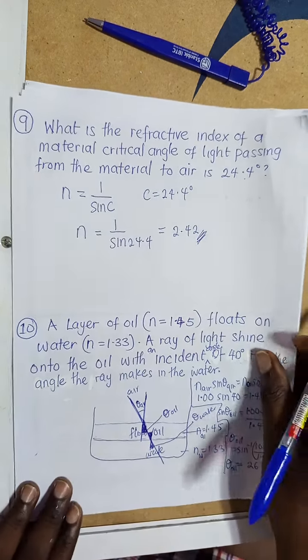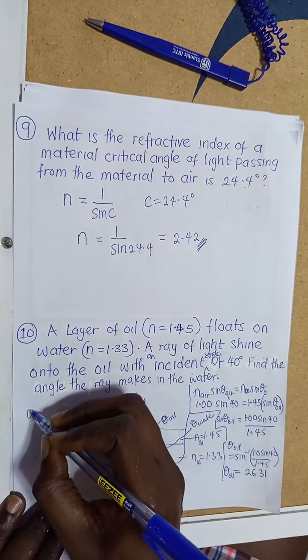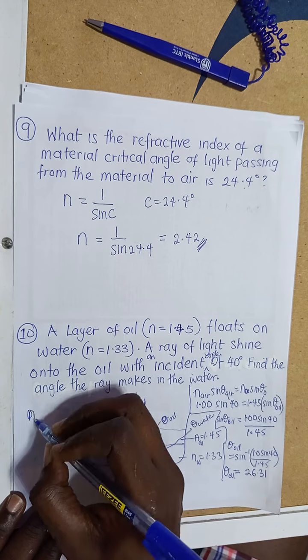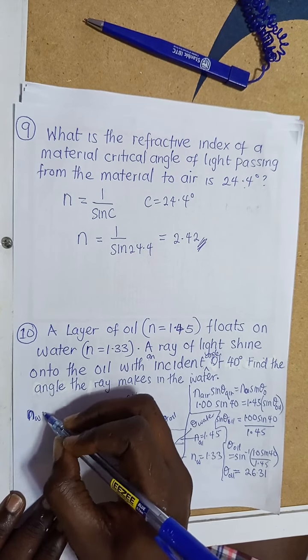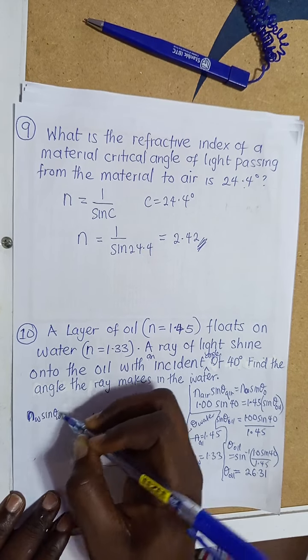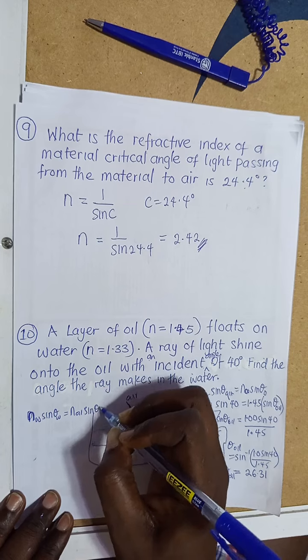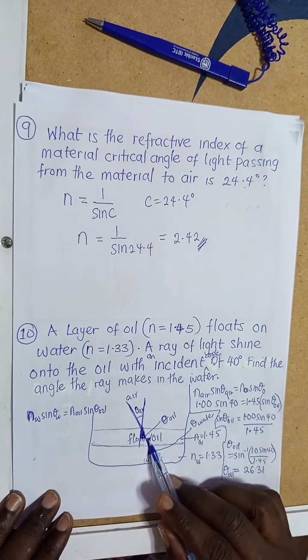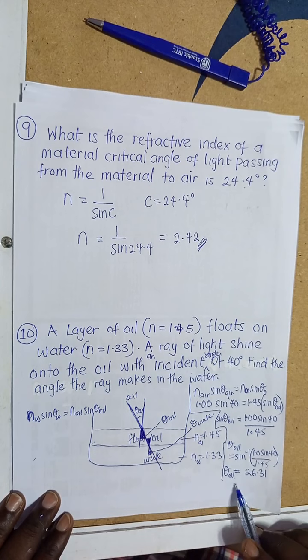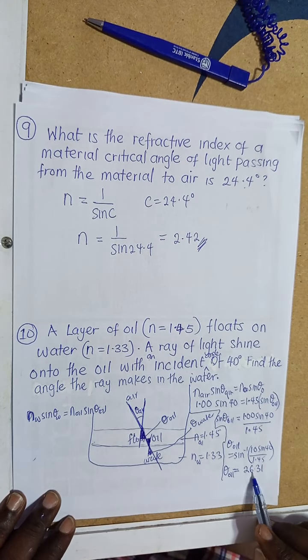Now, having done that, we are going to go to n in water, sine theta in water, go to n in oil, sine theta in oil. Don't forget that the incident angle in oil now is 26.31.